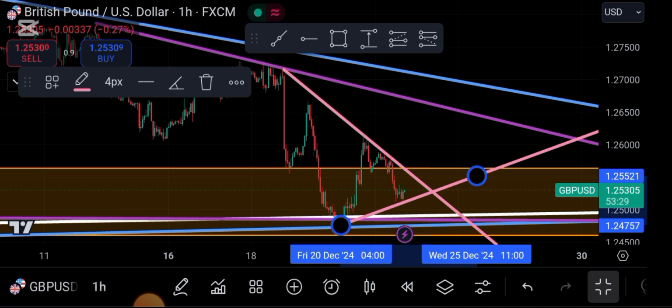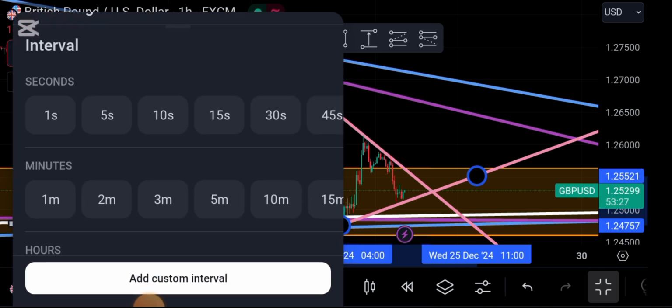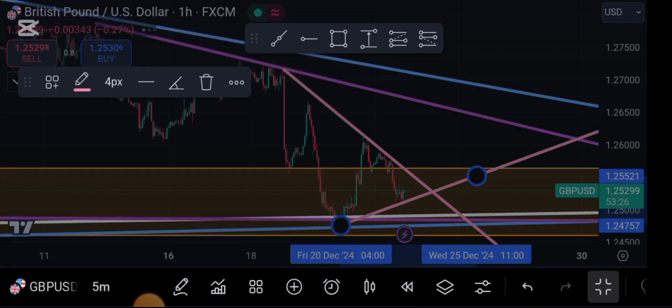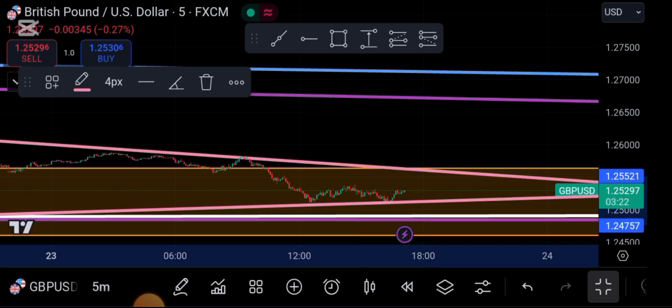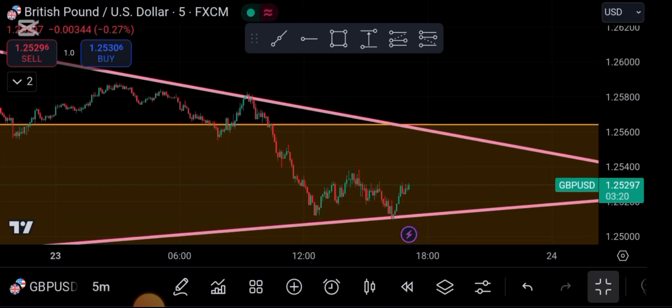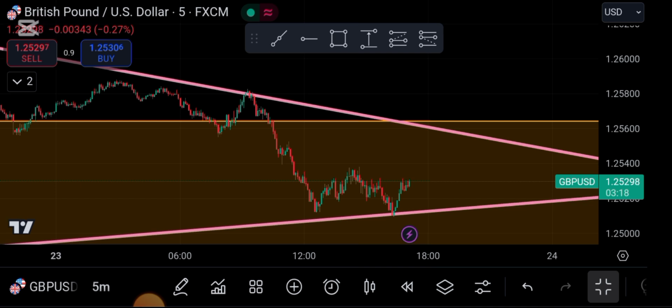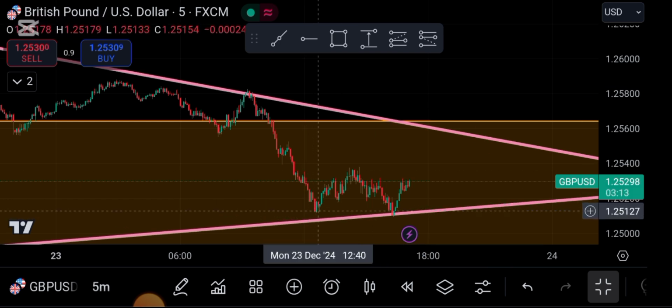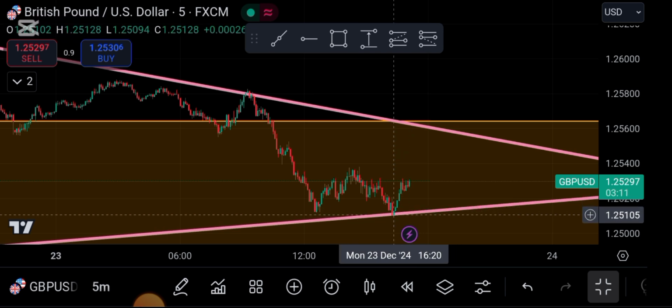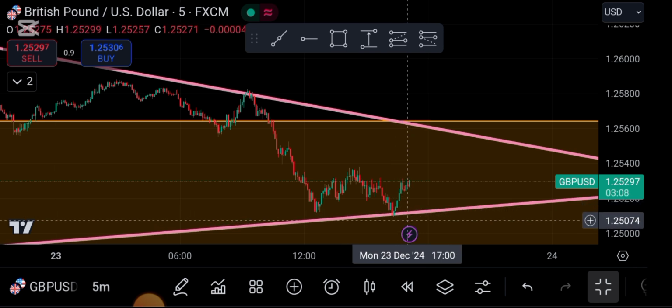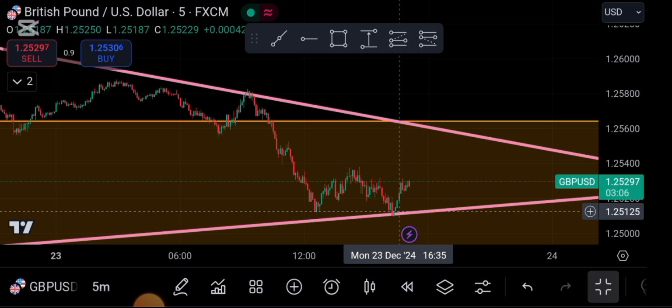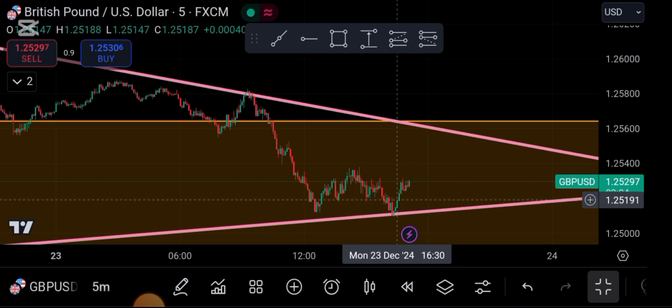When we go further into the 5 minutes, guys, we're just looking for entries only. Now from here, we can look at an entry. Can you see here? The market has made a double bottom and has created three soldiers, reversal candlesticks.